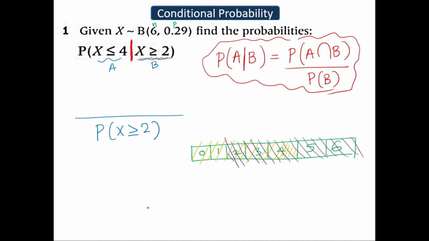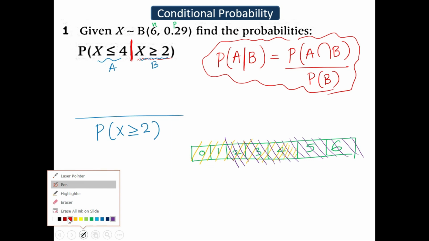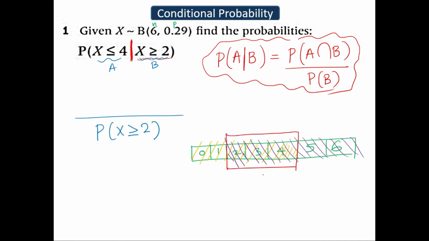And look for the region where the overlapping happens. From this we can clearly see that the value of x is going to be greater than or equal to 2 and at the same time less than or equal to 4. So this is the numerator part that we are going to use: 2 less than or equal to x less than or equal to 4.